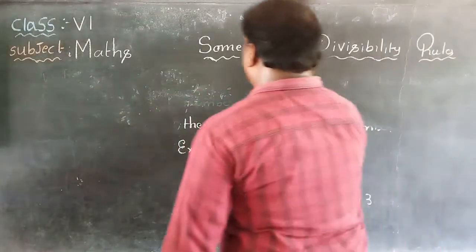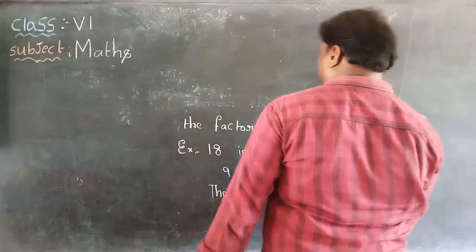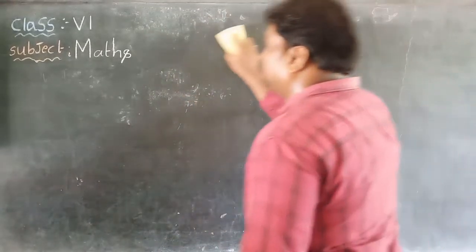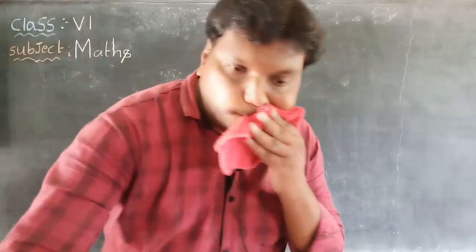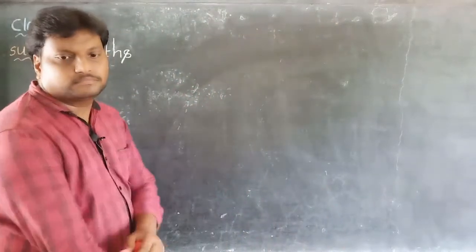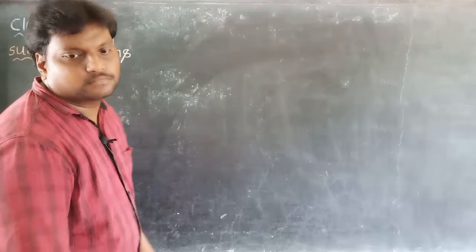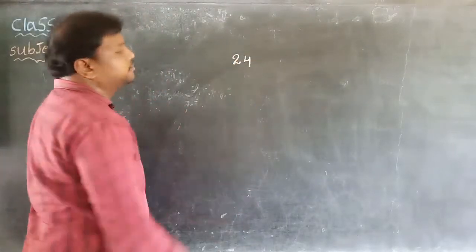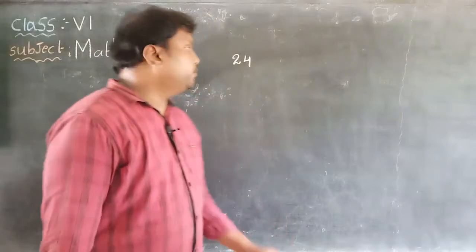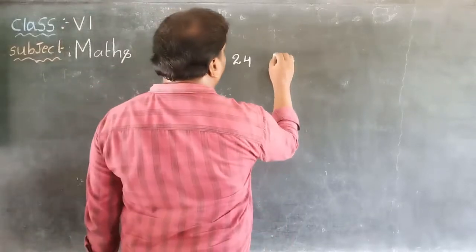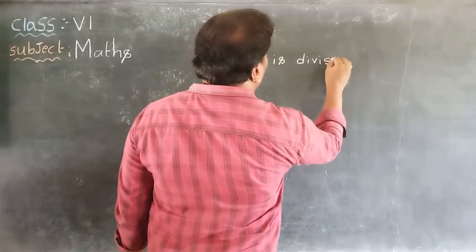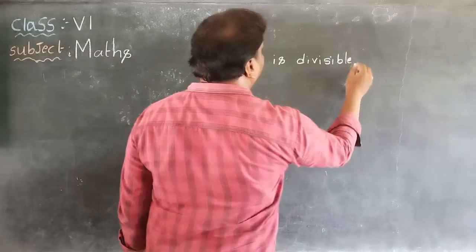Some more examples we'll take. Take 24. 24 is divisible by 8.